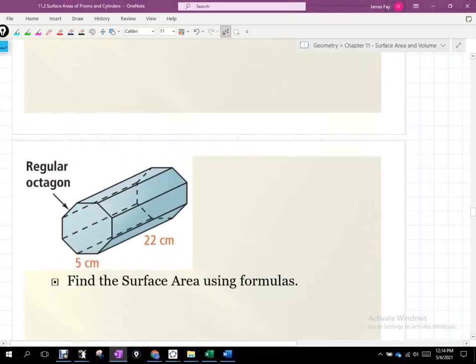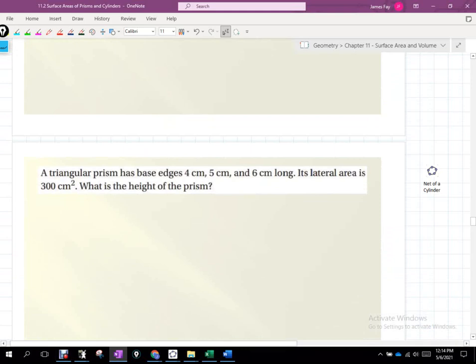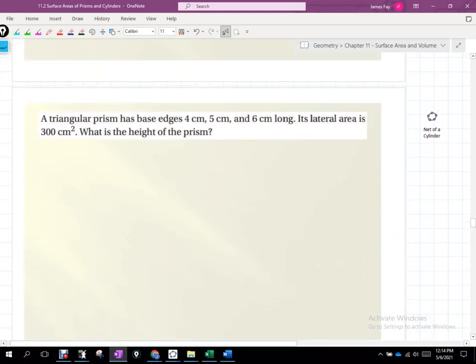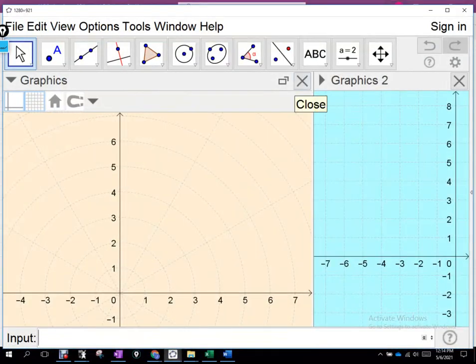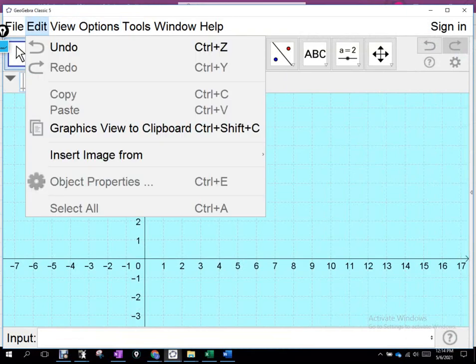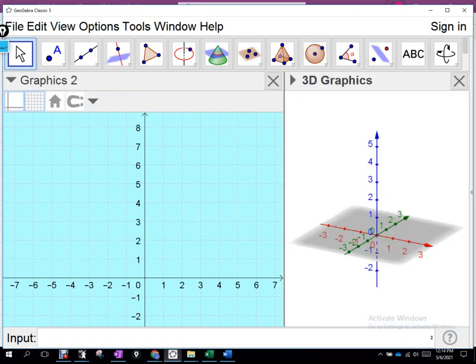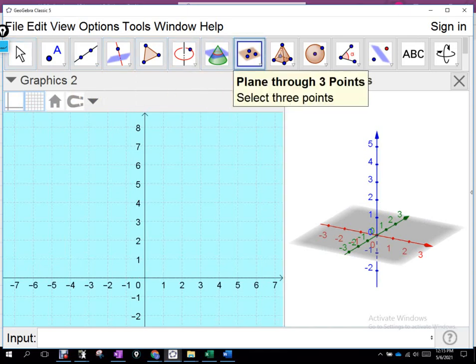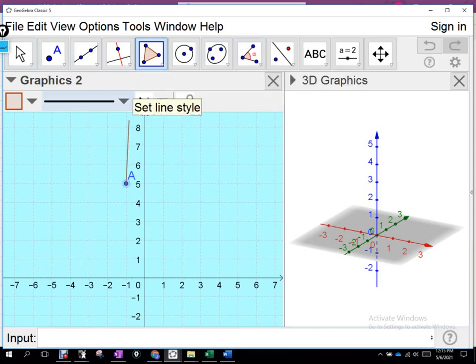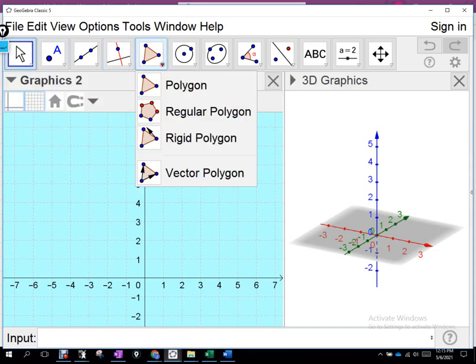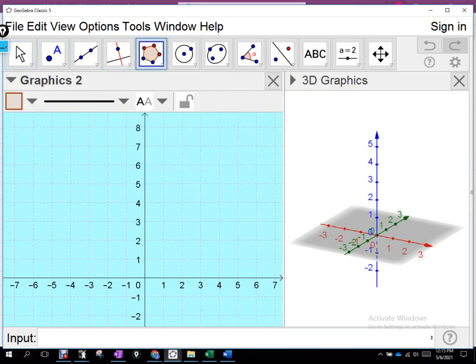Skip that. What if I took, so let's say, let's do this in GeoGebra real quick. How can I do this?